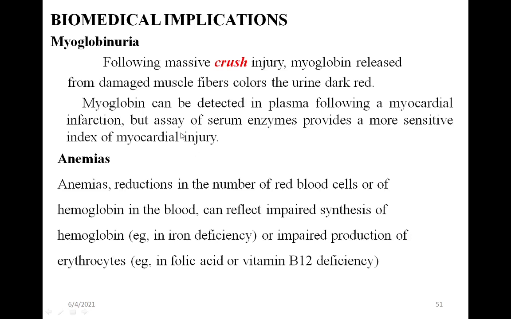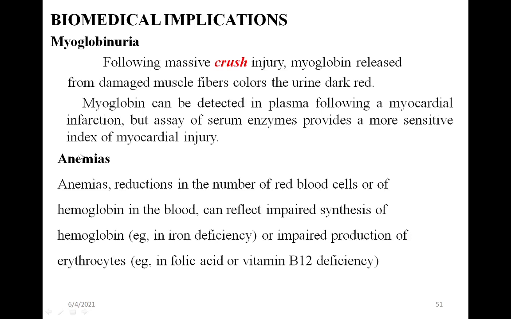All of you know this because clinical enzymology is already finished. You have already mentioned the enzymes for myocardial injury. Myoglobin also can be detected in the plasma following myocardial infarction, along with the rest of the enzymes.